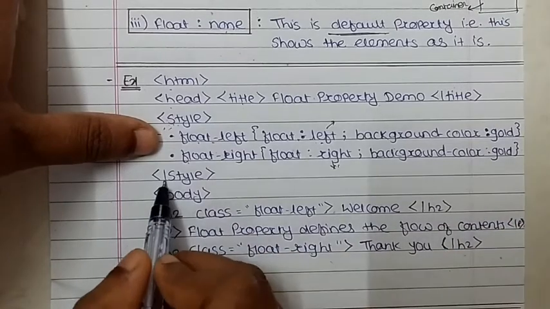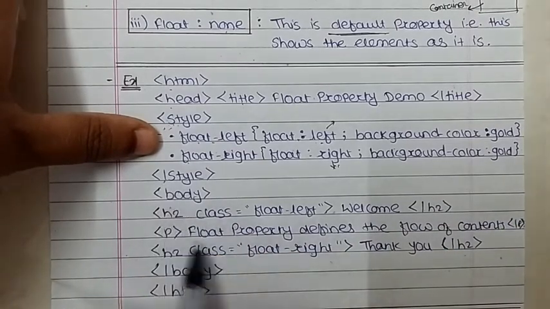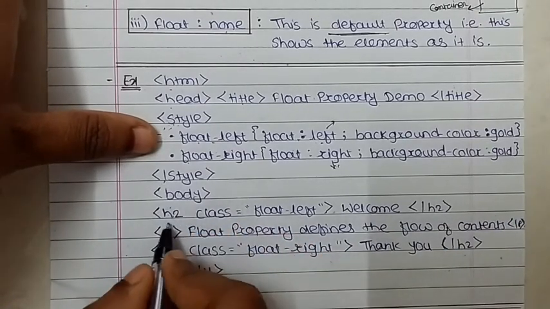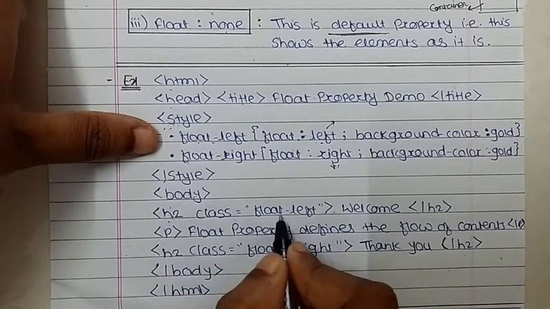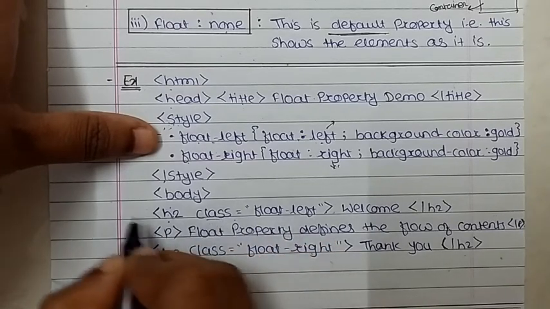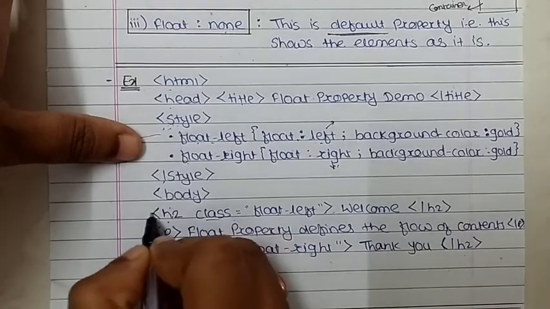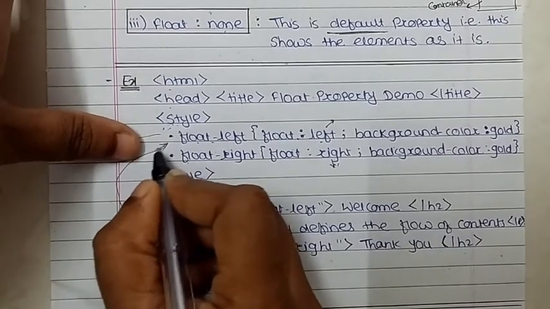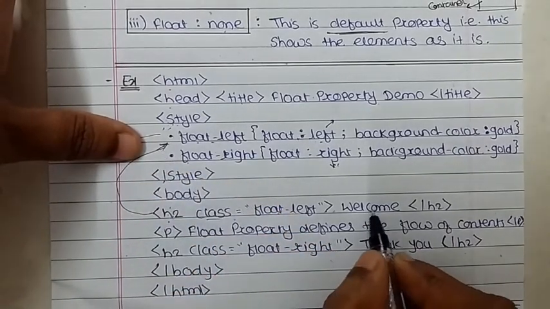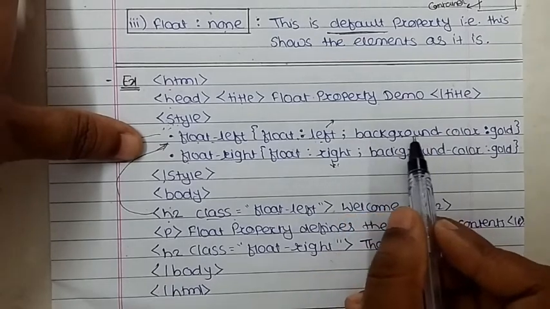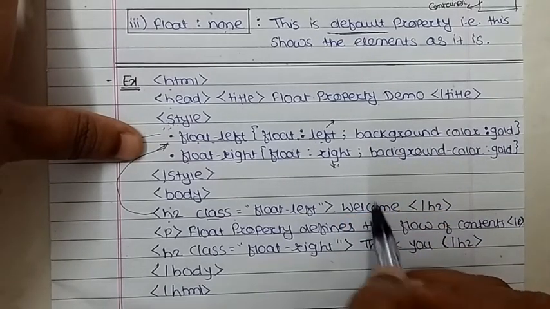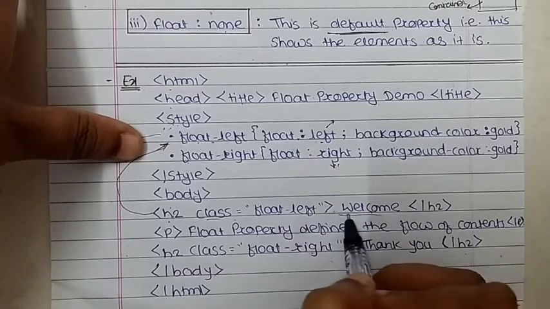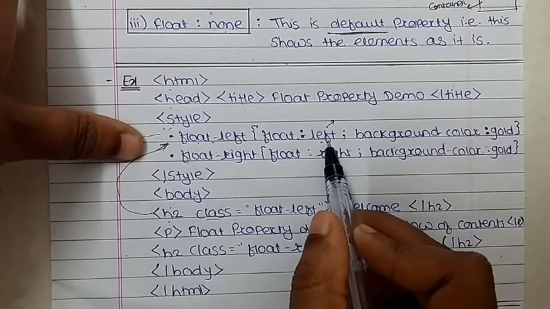Then style close, body close, then h2. h2 class float left. For this your control goes to the left, that means the first one. So welcome, background color is gold, and the arrangement of this is left. Clear?